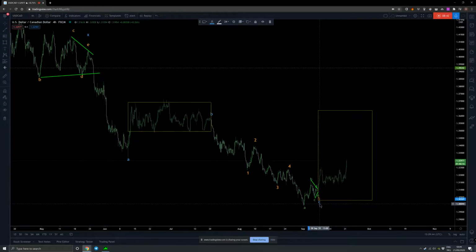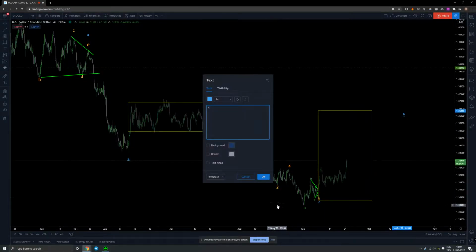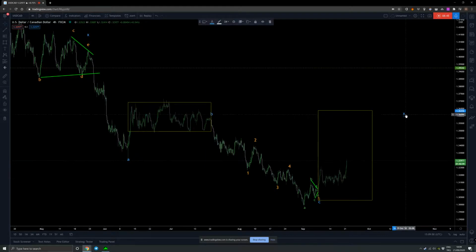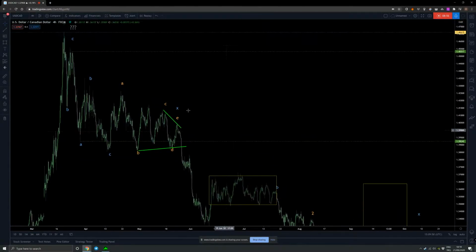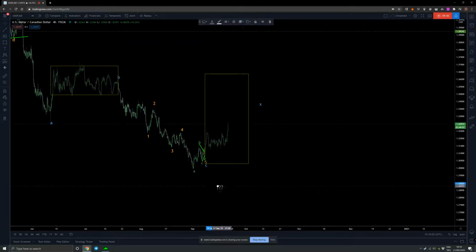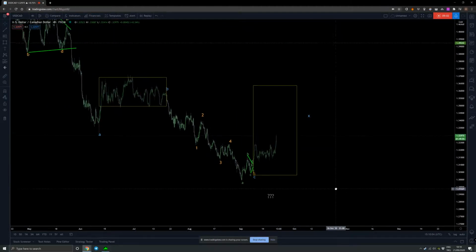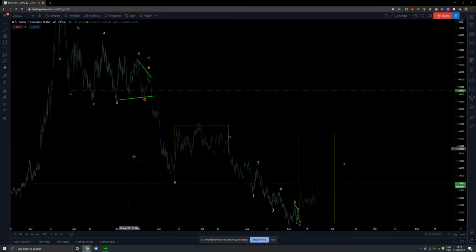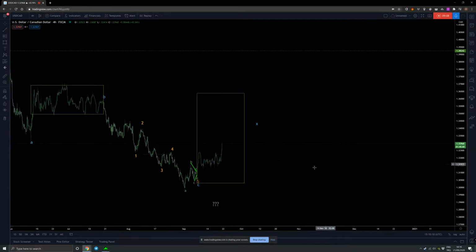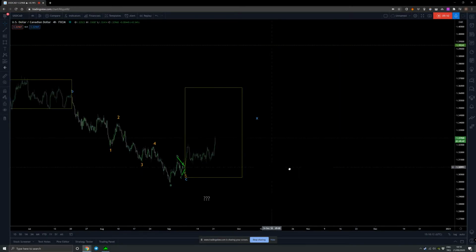Now, if after this C wave, we have to ask ourselves this: are we going to have an X wave, or is this it, or is this a double zigzag, and this move is ended here? These are the tricky parts. Of course, the first question that we have to ask ourselves is, is this count true? Of course. And after this, we should go like this.